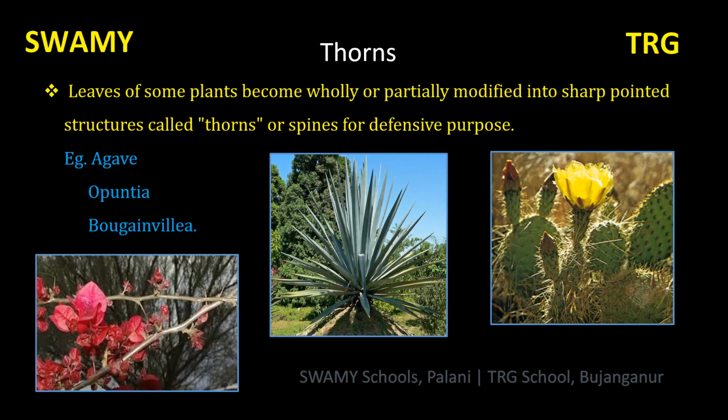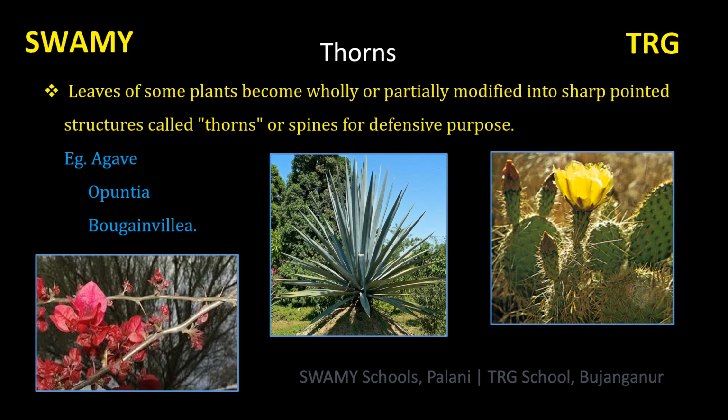Thorns in Tamil, Mul. Leaves of some plants become wholly or partially modified into sharp pointed structures called thorns or spines for defensive purpose. Examples: agave, opuntia and bougainvillea.